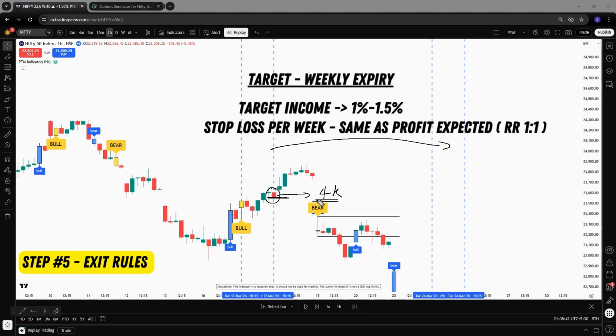If I'm expected to make 4,000 this week, this is my SL immediately. Or again a 1% SL. So 1% profit we are targeting, and 1% is the weekly risk. If at any time, due to a gap up, gap down, or a mistake, 1% is hit, exit that week and wait for next week.